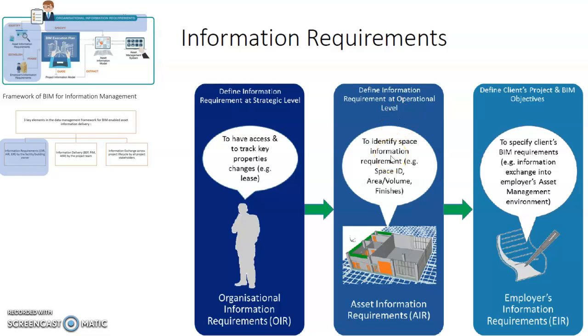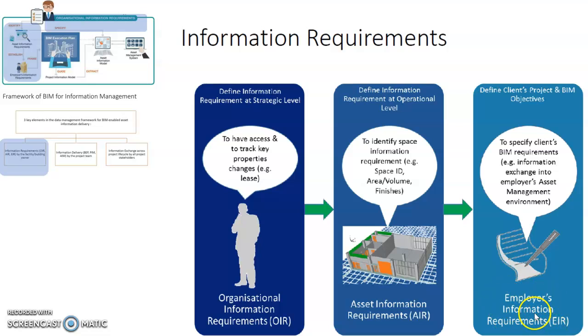Or it could be more mundane things like the air conditioning system: how much energy it is consuming, and when is the next due upgrading for the air conditioning system. Now all these things, at the strategic level and at the operational level, will get filtered down to the employer information requirement.